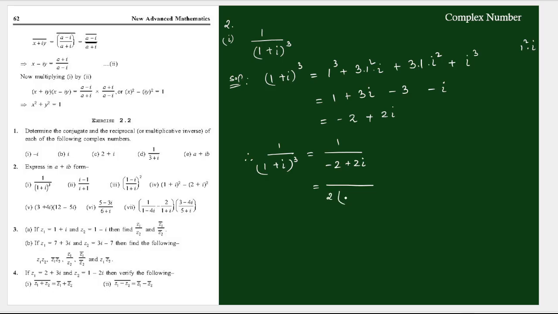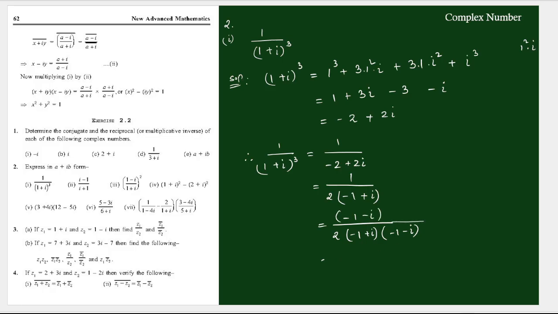If we take 2 common, then it will be minus 1 plus i below. Then at the top will be 1. Then we do with this one. We multiply with the conjugate now. Minus 1 plus i, minus 1 minus i. Here we will get minus 1 minus i.